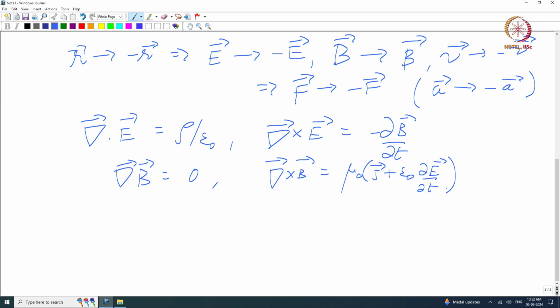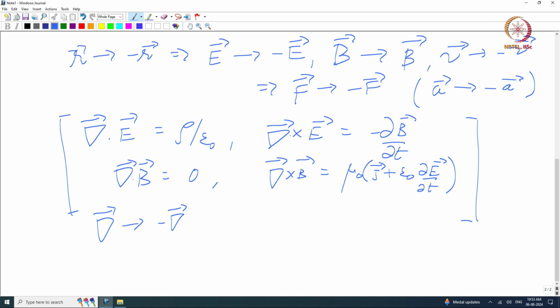Yeah, I don't think I made a sign error. Okay, good. Now here, what happens to the grad under parity? Goes to the minus of itself, correct? So what happens to the electric field? It also goes to the minus of itself, so this doesn't flip. The first equation of motion is preserved.